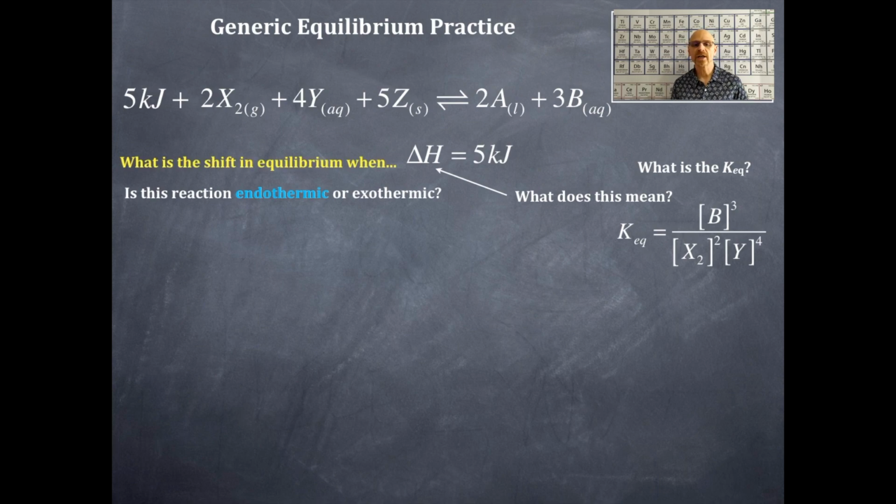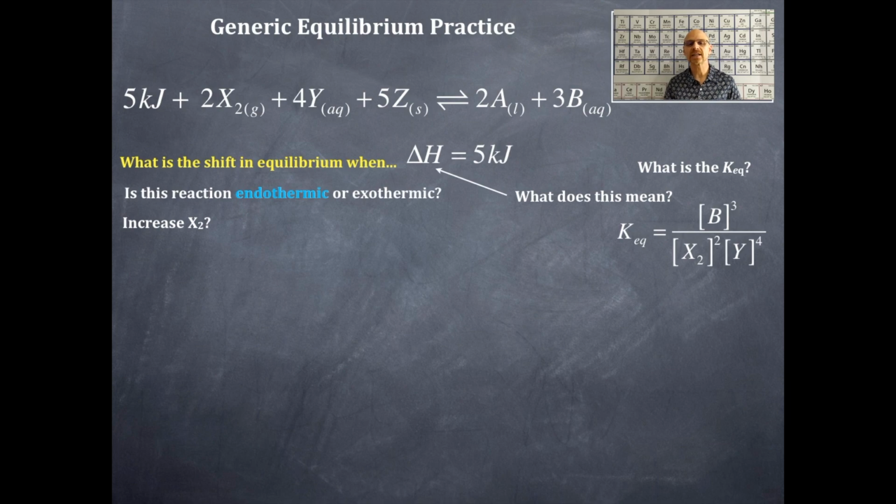So what is the shift in equilibrium when we have a bunch of different things that we're going to either add or subtract, and we're going to figure out which way the equilibrium will shift, to the right, to the left, towards products or towards reactants. That's what we're trying to do. And remember the lecture on up, up, and away, and downtrodden. That is what I'm focusing on right now.